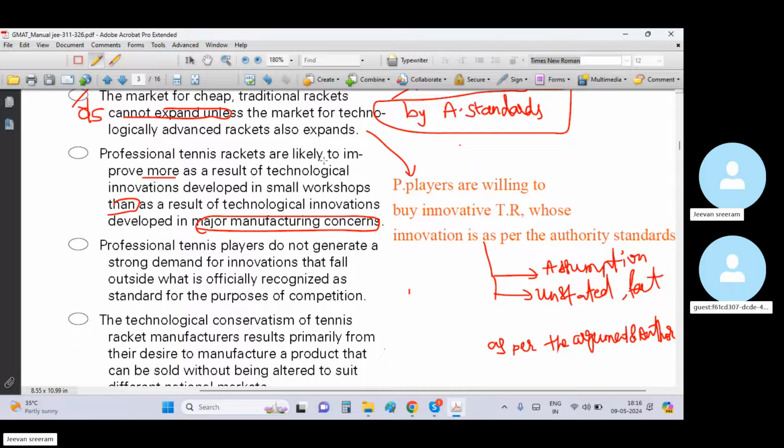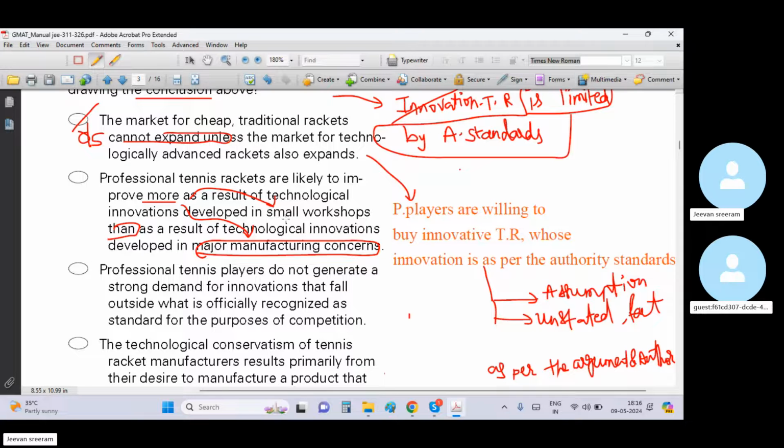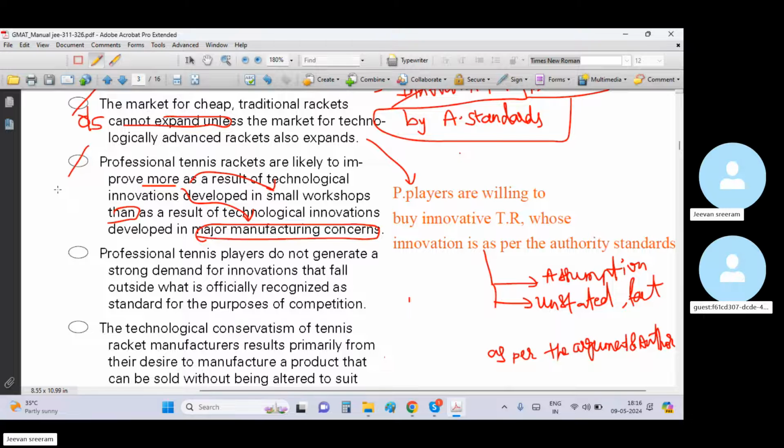So professional tennis rackets are likely to improve more in small workshops, less in major manufacturing concerns. There is no such comparison given anywhere in the argument, right? Can you see this sort of comparison anywhere? No. So no such comparison. The second option goes out.